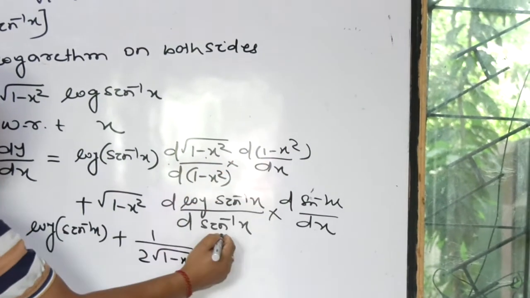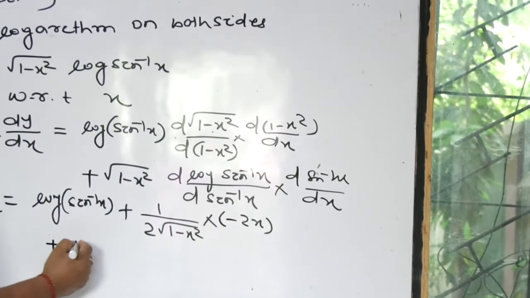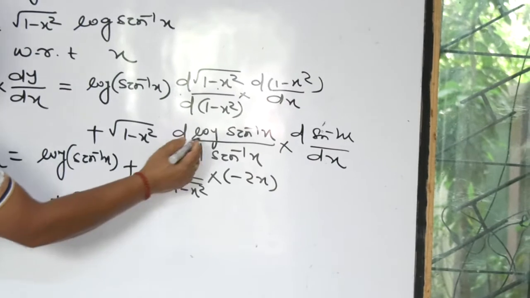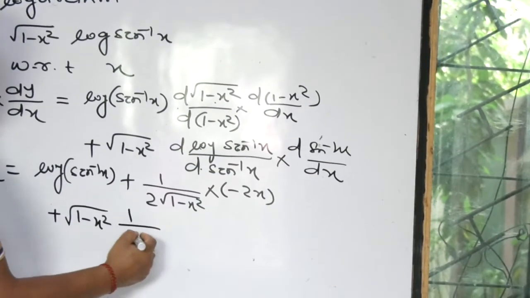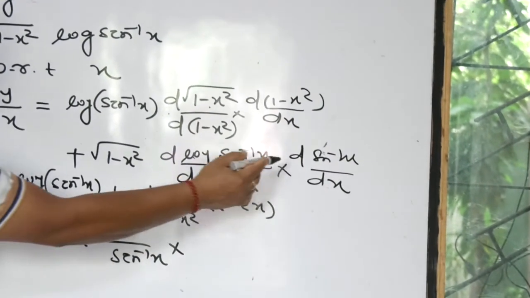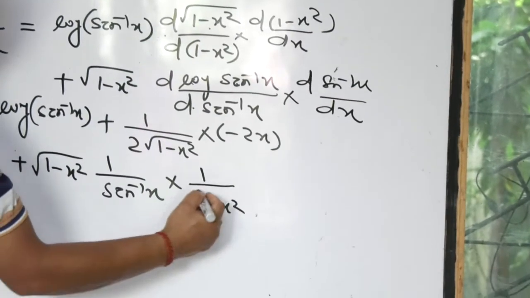Again derivative of 1 minus x square is equal to minus 2x, plus root 1 minus x square over log x with respect to x is 1 by x, means 1 by sine inverse x. Again derivative of sine inverse x is 1 over root 1 minus x square.